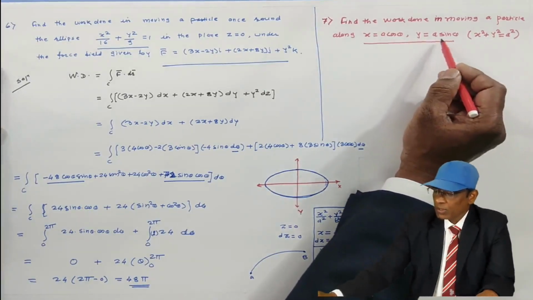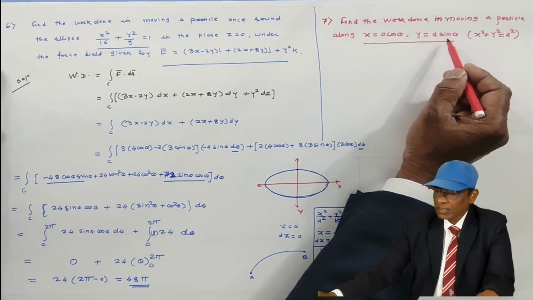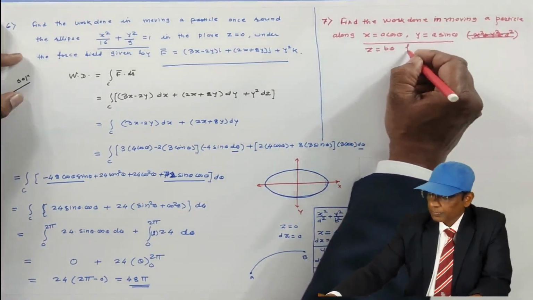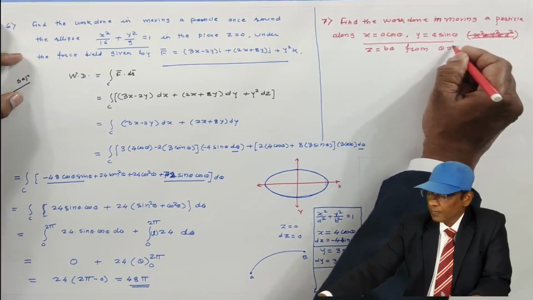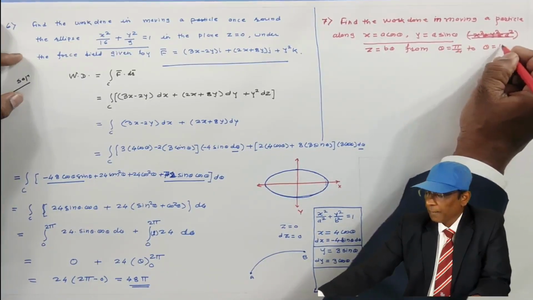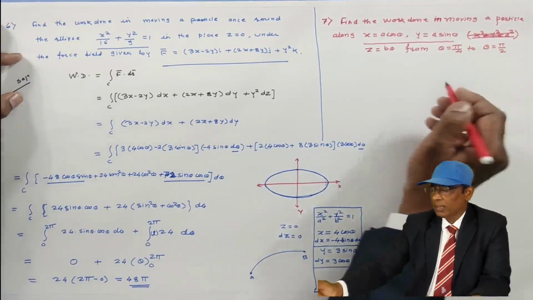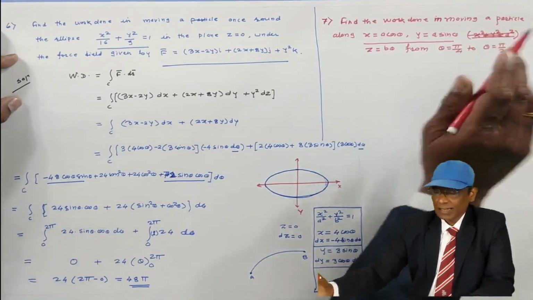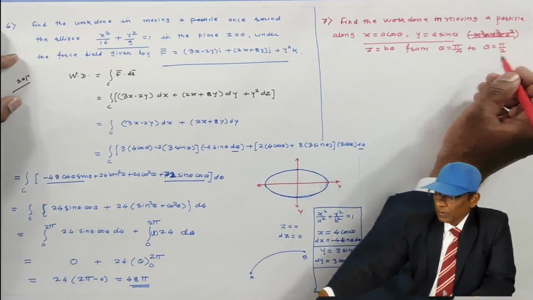Find the work done in moving a particle along this curve: x equal to a cos theta, y equal to a sin theta, and z equal to b theta, from theta equal to pi by 4 to theta equal to pi by 2. Here, the important thing is that the limit is given to you, the value of theta is directly given to you.